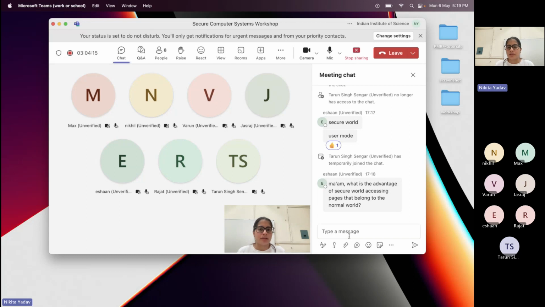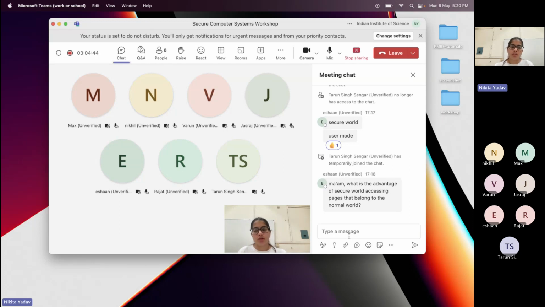You just have to pass the pointer to the memory, and since the secure world has access to the normal world memory, it can directly read it there. So you would not have to copy that. There can be other reasons as well, of course, but these are the two main reasons coming to my mind right now.